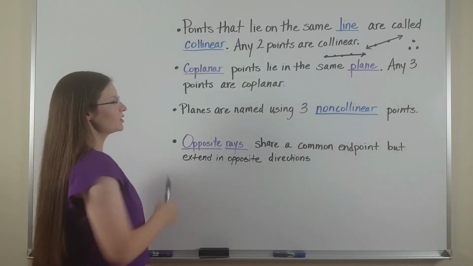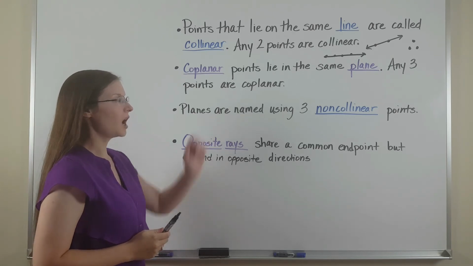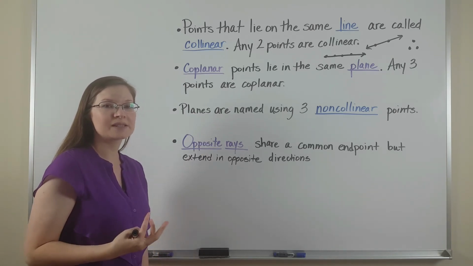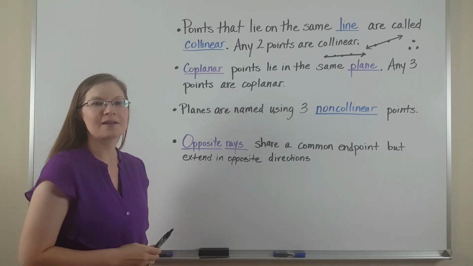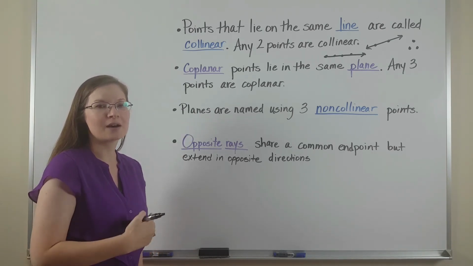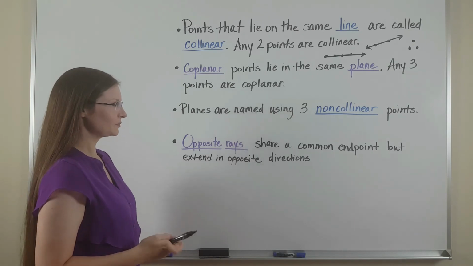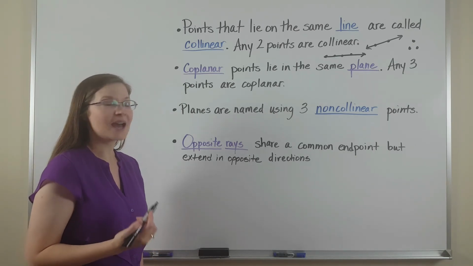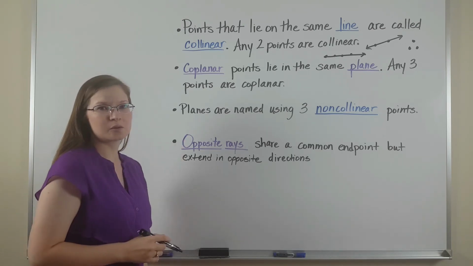Planes are named using 3 non-collinear points. Now we talked about naming planes using 3 points, but we didn't mention the fact that they have to be non-collinear until now. The reason why is because there will always be a unique plane that passes through non-collinear points.